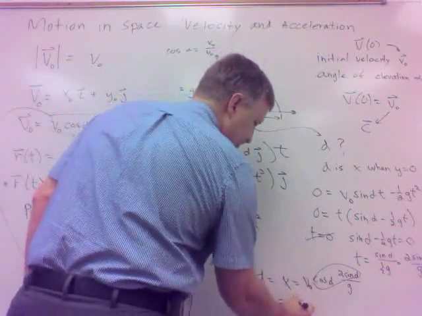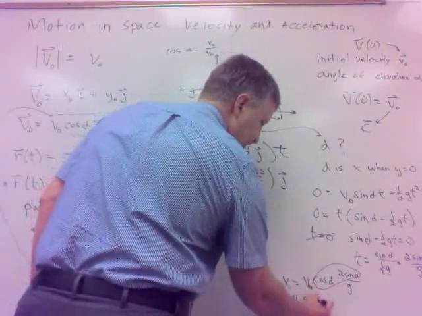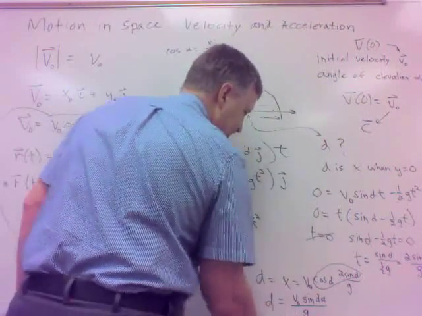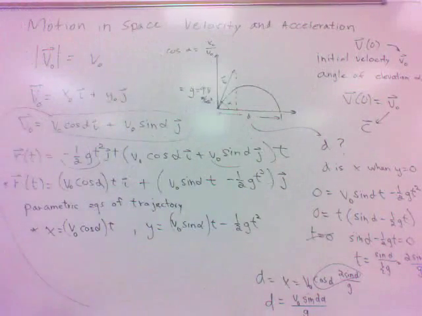So it's v0 times sine of the double angle 2 alpha over g. That's the distance that this thing travels. But like I said, did I forget something?